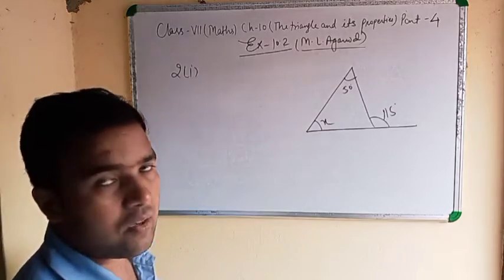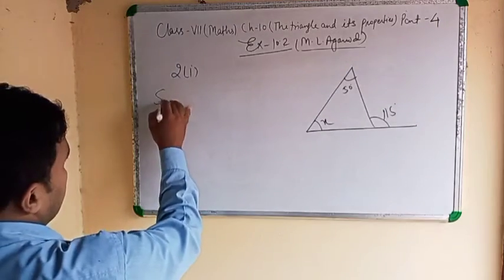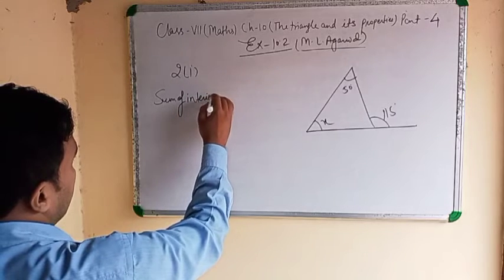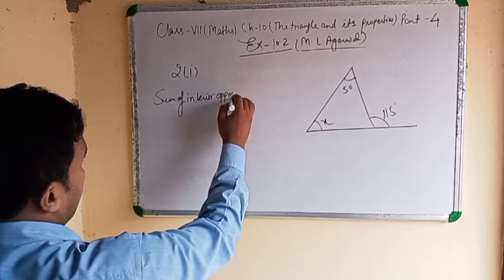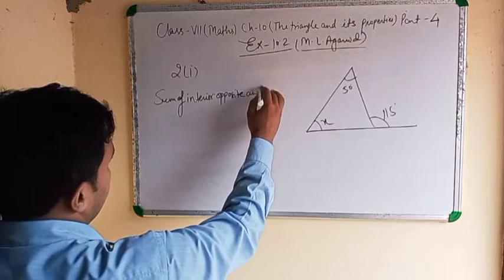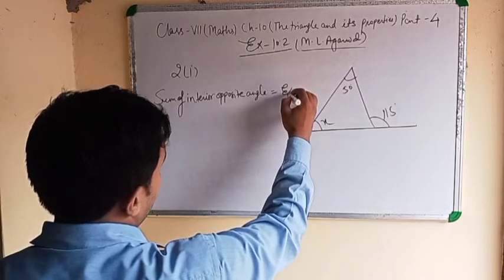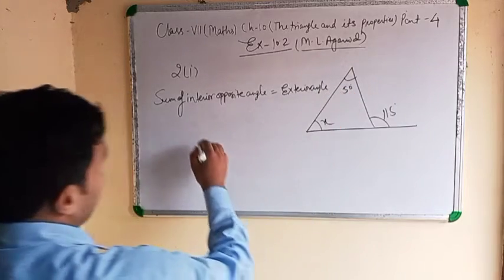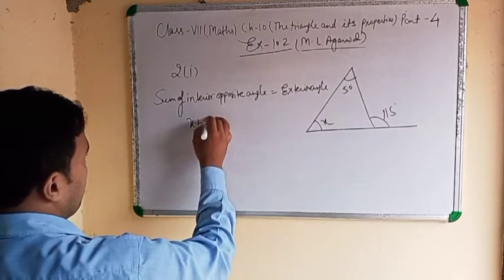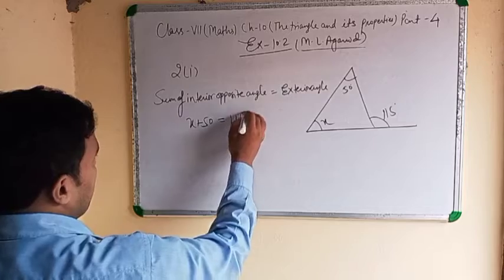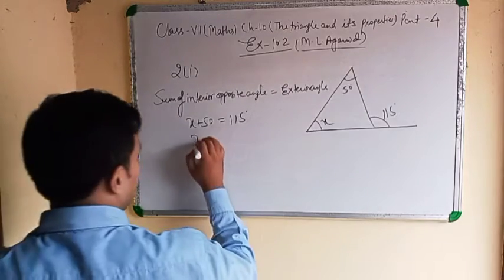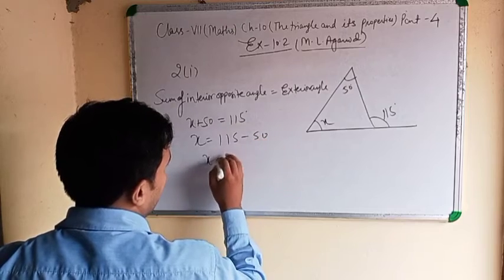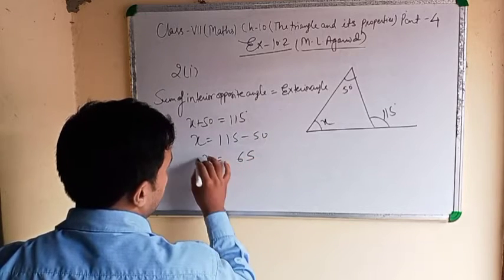With the help of that formula, sum of interior opposite angle equal to exterior angle, means x plus 50 equal to 115, then x equal to 115 minus 50, x equal to 65.